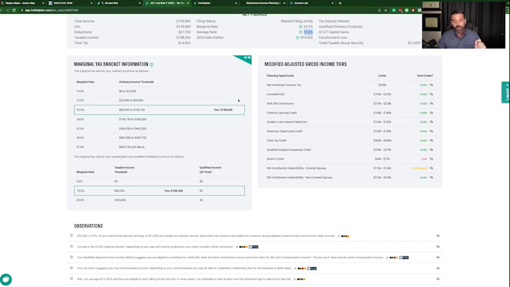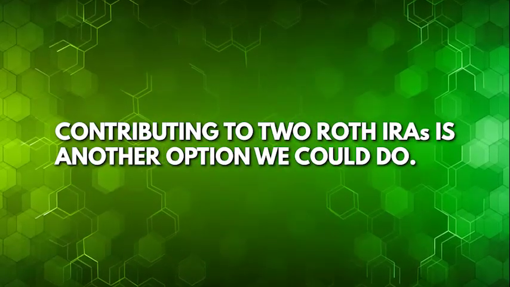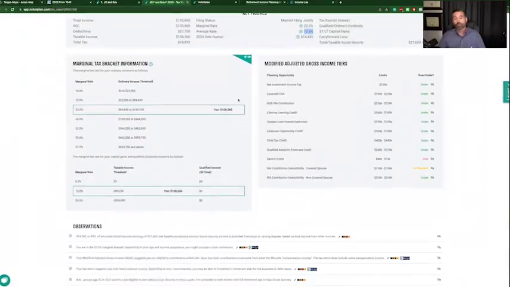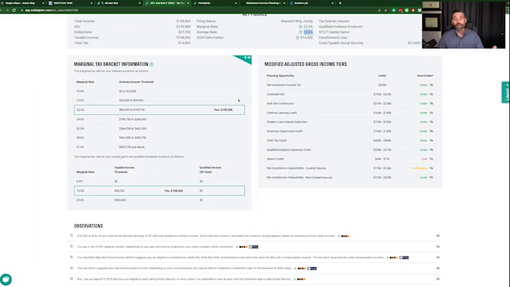If we put in just enough to get to the 12% bracket, then instead of contributing the full $30,000 to Jill's pre-tax 401k, we can do something else. And that would be possibly contributing to 2 Roth IRAs. And if you remember, Bob can still contribute to a Roth IRA even though he's not working because Jill has enough earned income to cover the contribution for both of them, okay?